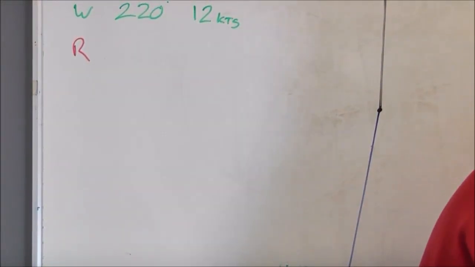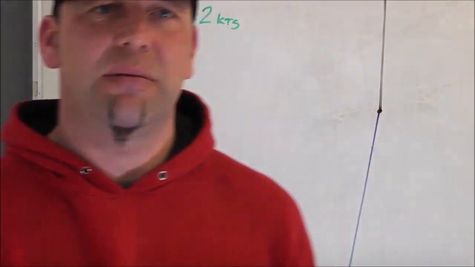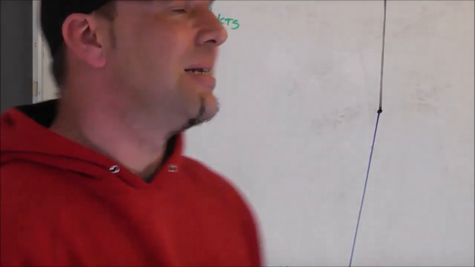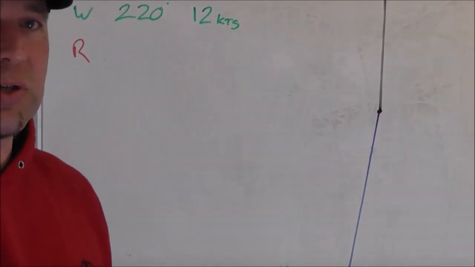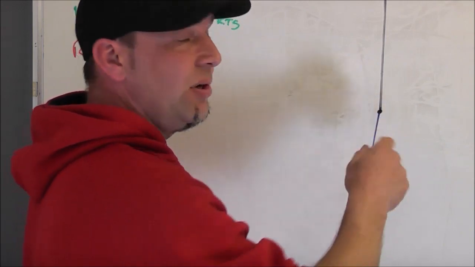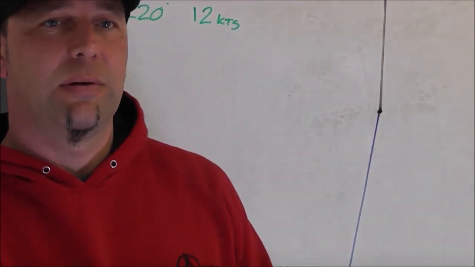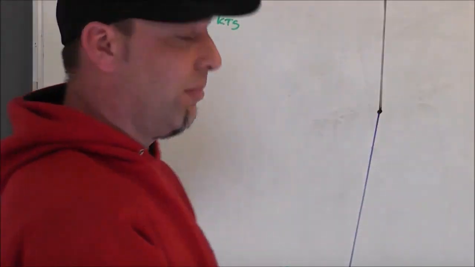And the next thing we need to do is mark the wind. And this is the first mistake that everybody makes, because the wind comes from 220. So imagine that you have a balloon and you let that balloon go. Which way is it going to go? It's going to go from 220.